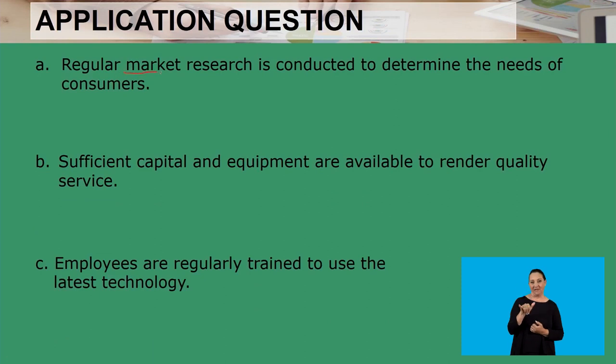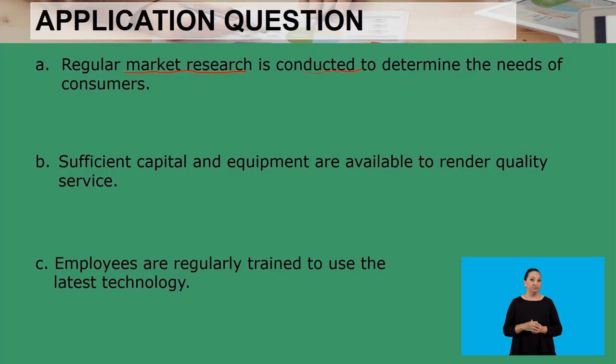So looking at regular market research, market talks about customers. This is a process of checking if customers are satisfied, if they are already supporting the business. So the business would conduct that to determine their needs. Which element out of the 5 focuses on making sure that customers are forever satisfied?